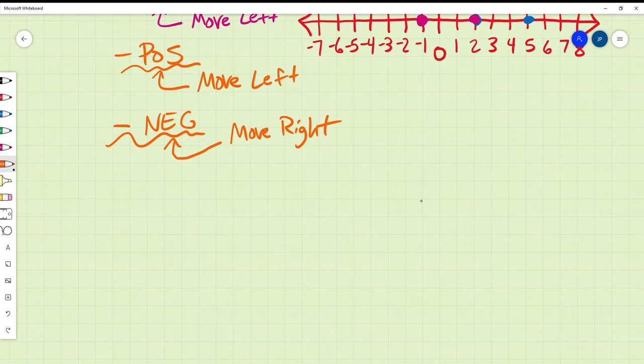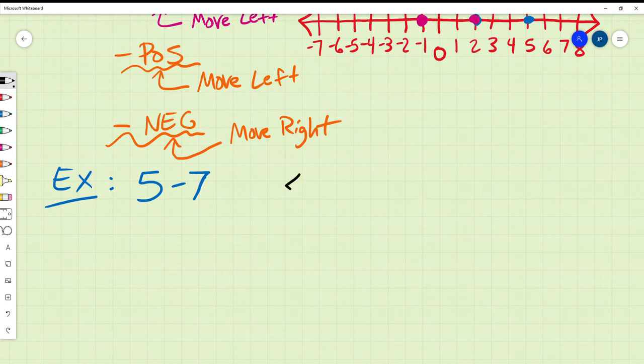So if I have an example here like, let's say we have 5 minus 7. Okay, they're both positive numbers, but I'm subtracting, which indicates that I'm going to be decreasing my number. I'm going to be moving to the left on the number line.